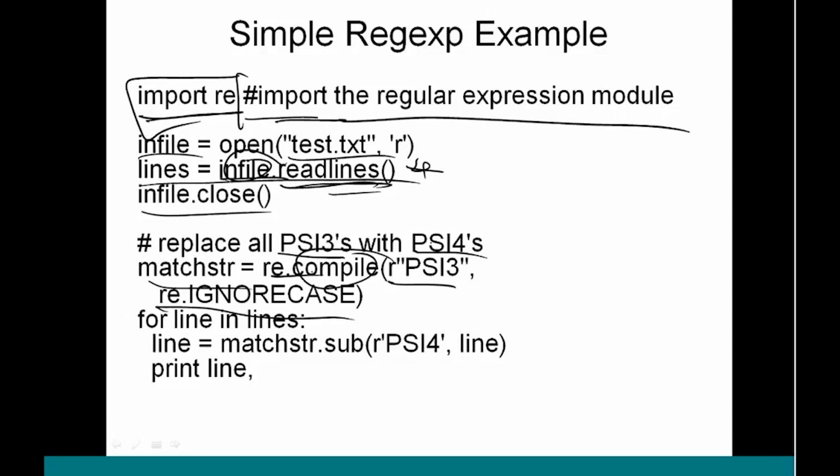So it ignores the case and compiles this. And then for the lines that we read, we use the match string, and we say sub, r'PSI4', and then the line, and we print those lines.